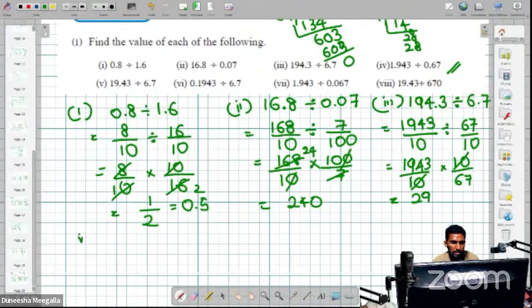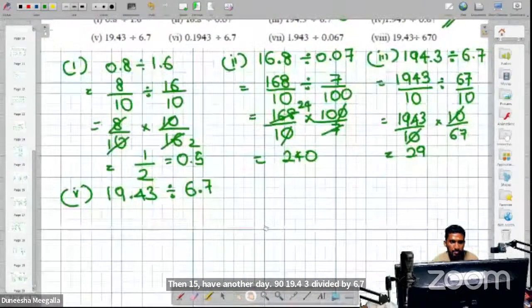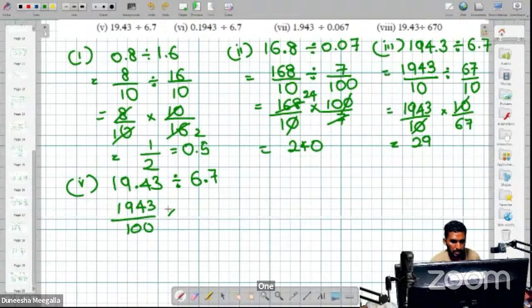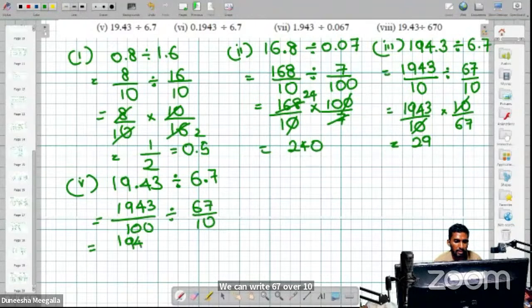Then the fifth one, did you do it? 19.43 divided by 6.7. 1943 divided by 100 multiplied by, for the division mark, 6.7 we can write as 67 over 10. 1943 over 100 multiplied by 10 over 67.